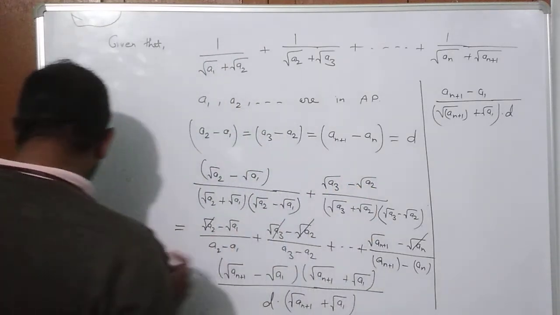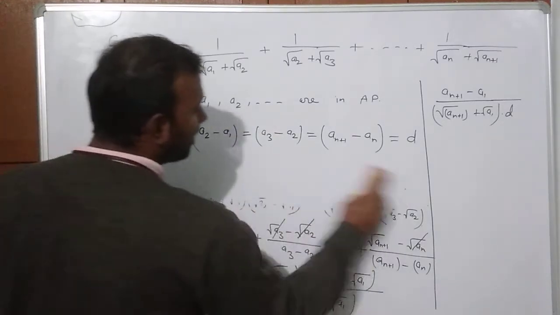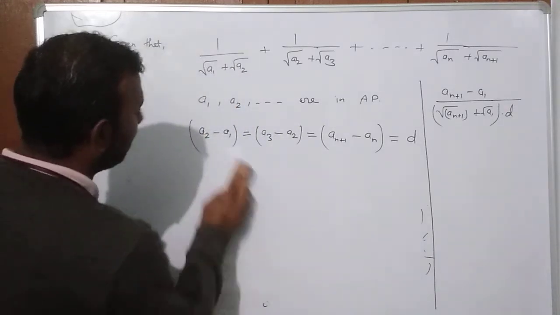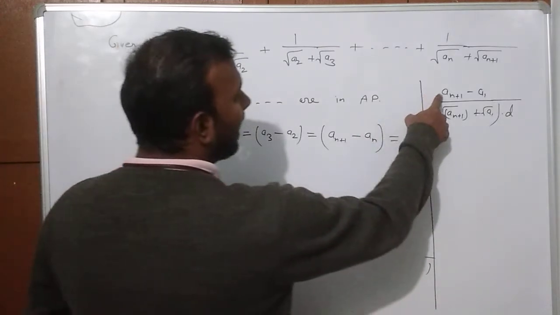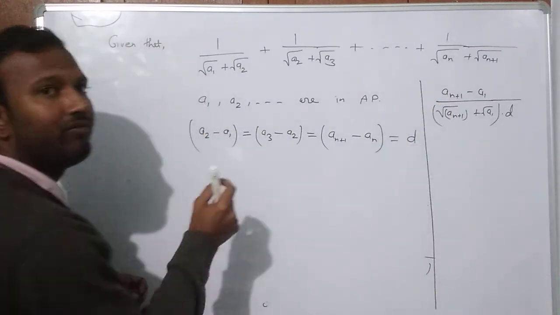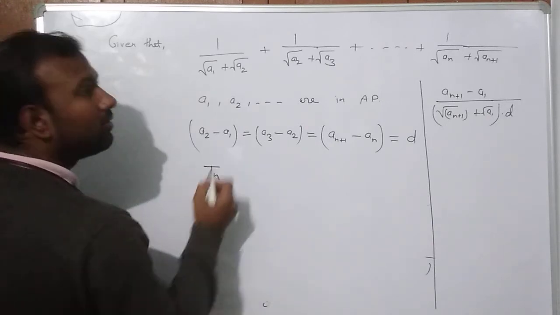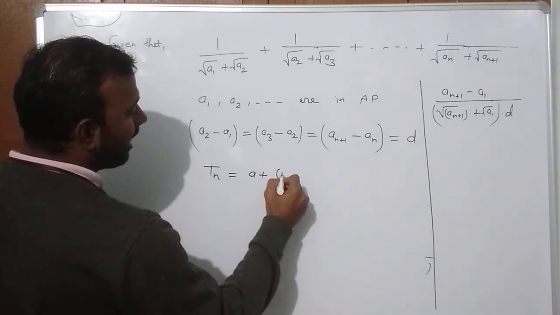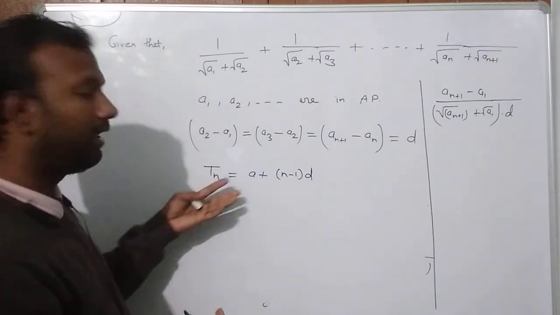Now we will use a concept of arithmetic progression again, as this is in AP. So we are supposed to use the concepts from AP. Now it is a n plus 1 and this is the first term a1. We have the difference. Now from the formula of nth term, Tn equals first term plus n minus 1 into d, where n is the number of terms in the AP.